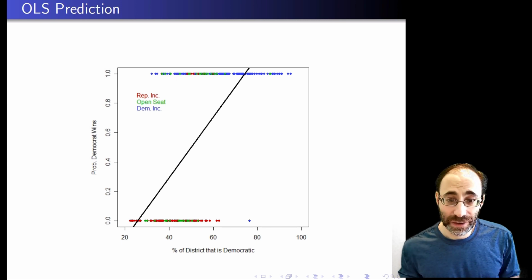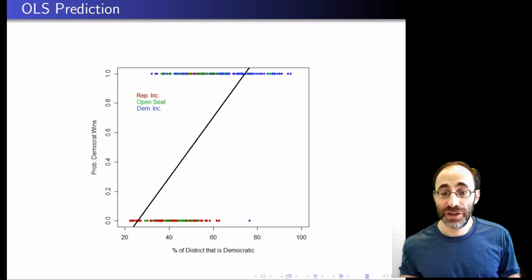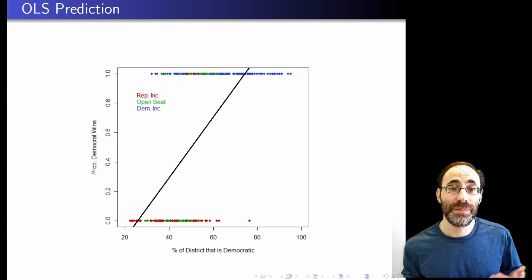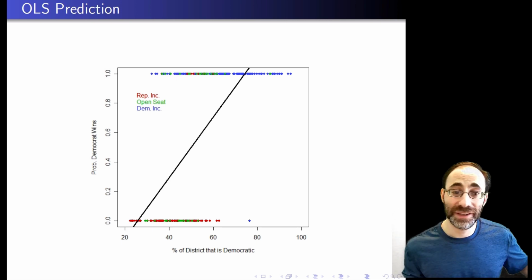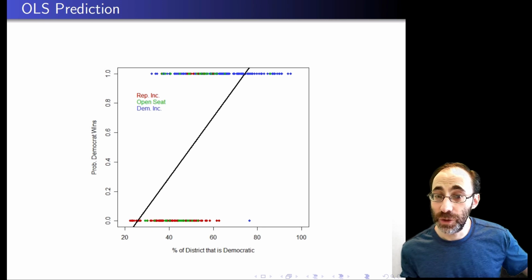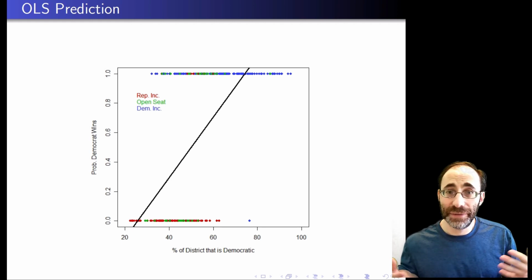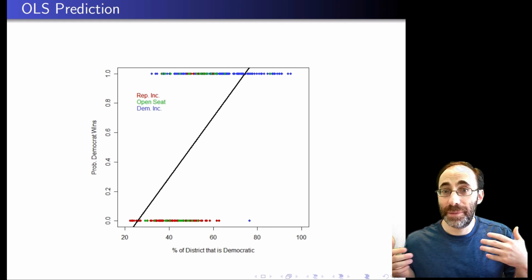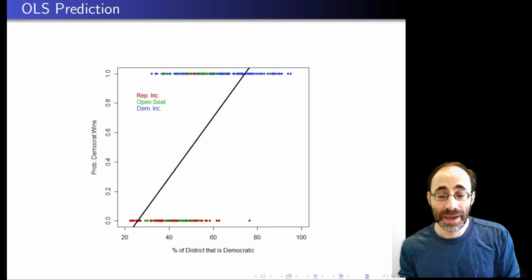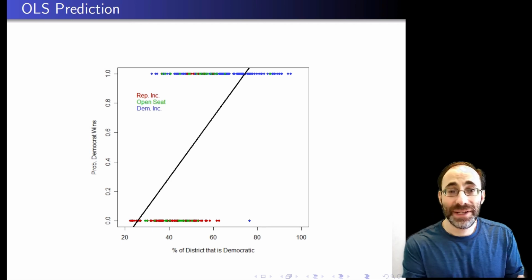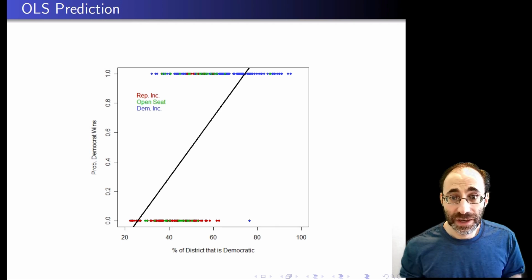So what am I exactly saying when I say that if I increase the percentage of a district that is Democratic by 1%, I get a 0.021 increase in the probability Democrat wins, a 2.1% increase? What I'm saying is I believe there's some underlying latent propensity to vote for a Democrat, and as the district percentage increases, that propensity increases.